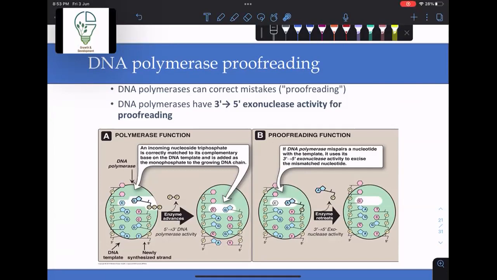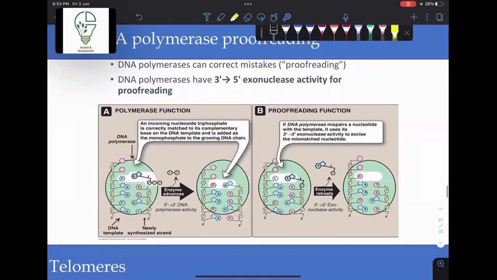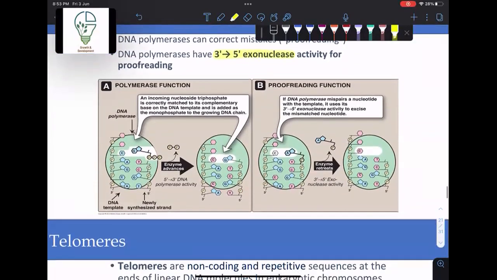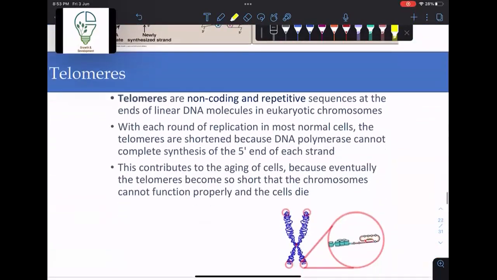As surprising as it is, the chances of developing cancer and developing mistakes in the DNA itself is very, very rare, and that's thanks to the DNA polymerase. Because of its 3' to 5' exonuclease activity, it cuts away the faulty nucleotides.